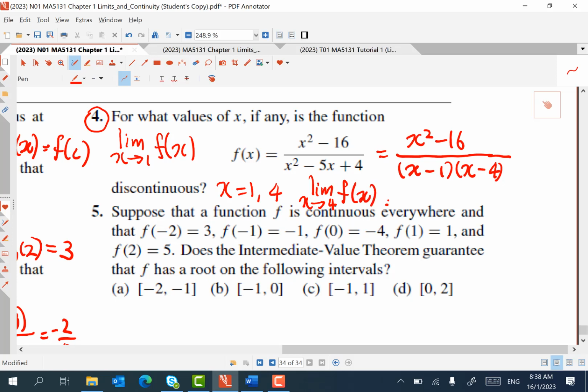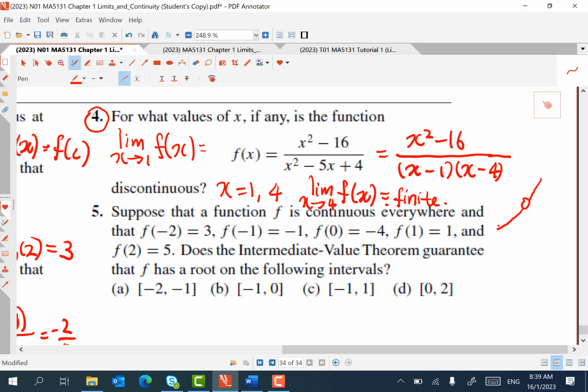You will find that in the case of x going towards 1, the limit is either infinity or negative infinity on the two sides. On the other hand, the limit at 4 is actually finite. Because the limit is finite, at x equals 4 the graph is potentially of this nature.